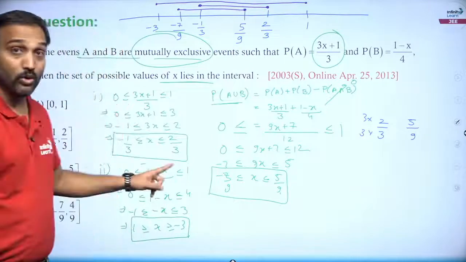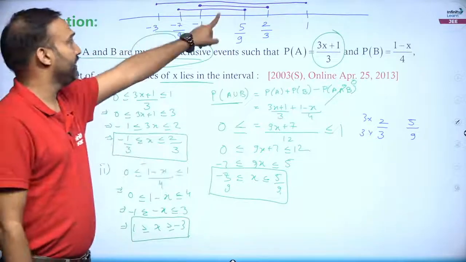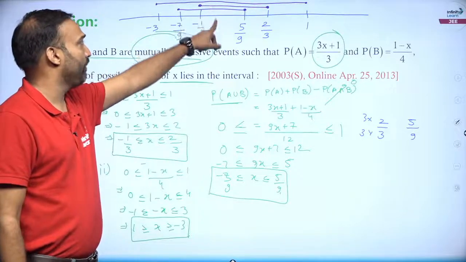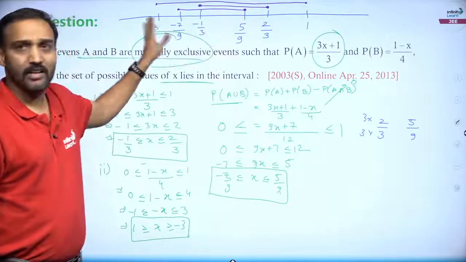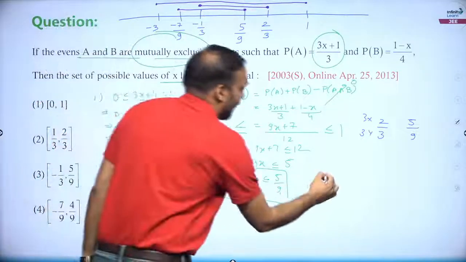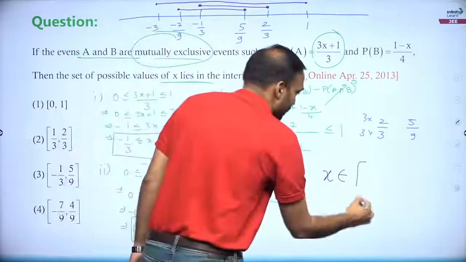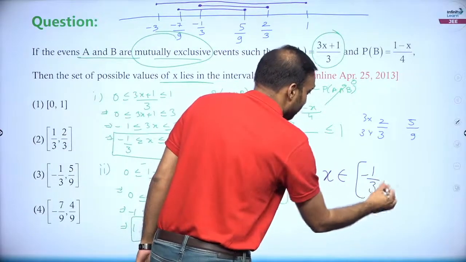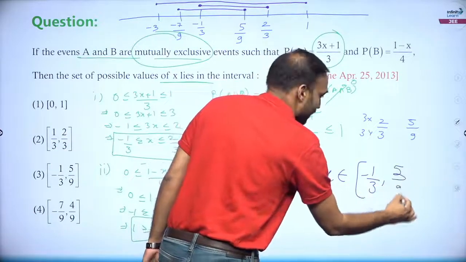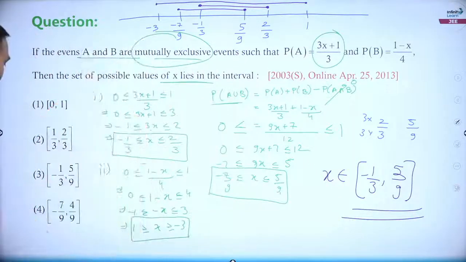Now I need those x which will satisfy all three of them. So in short, I need that interval where I have the overlapping by all three of them, right? It is obvious, you guys can see where is the overlapping, right? So my answer is x belongs to overlapping of all three. Close bracket minus 1 by 3, close bracket 5 by 9. So minus 1 by 3 to 5 by 9.